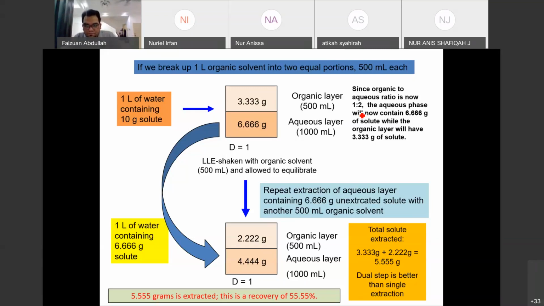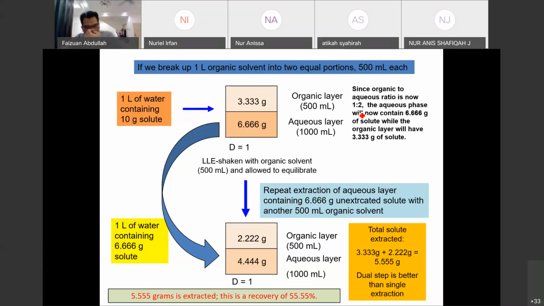So the aqueous phase will now contain, because we assume this is at dynamic equilibrium, 6.666 gram, and the organic layer has 3.333 gram of solute. It is based on the ratio.